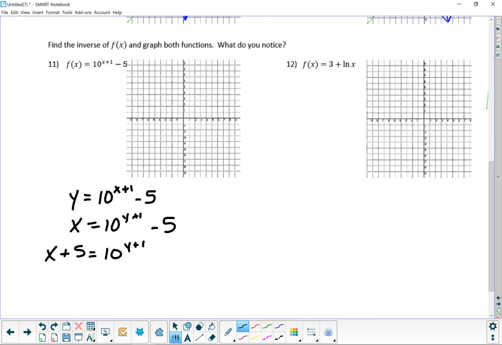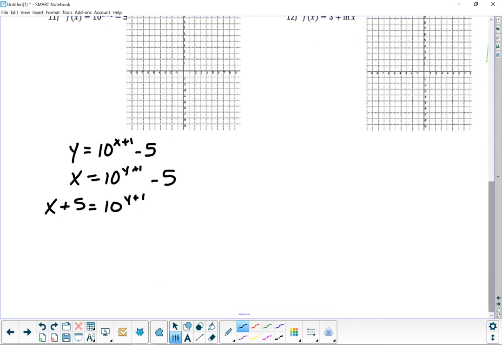Right now, you may not remember how to do this, but we'll actually learn about that, and you may have learned it previously: to get rid of an exponential base 10, you can do a logarithmic base 10 on both sides.